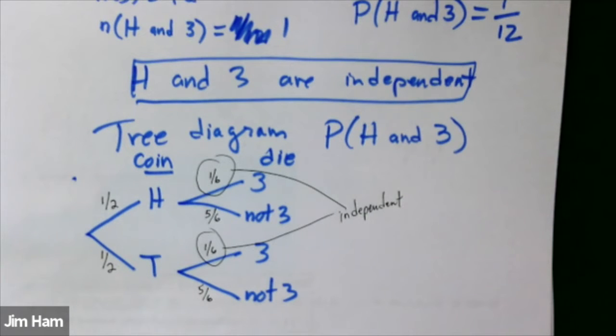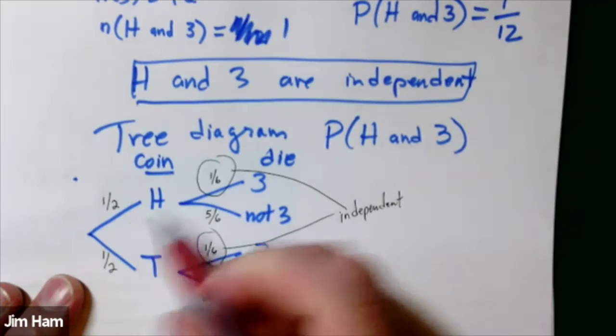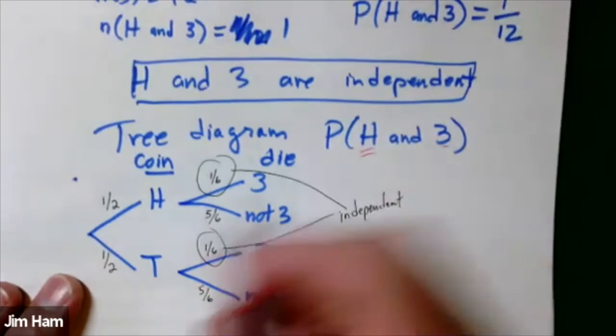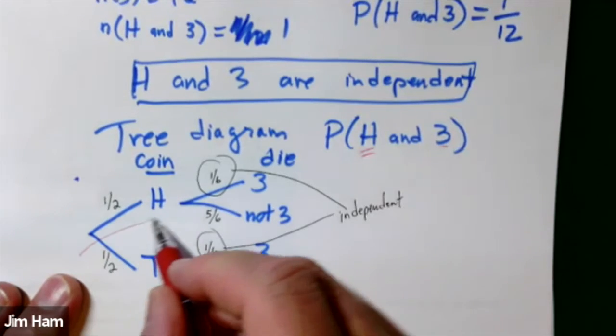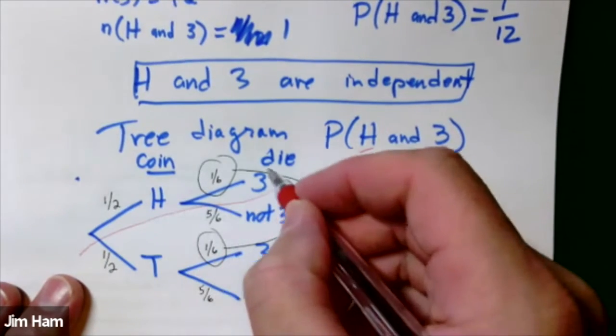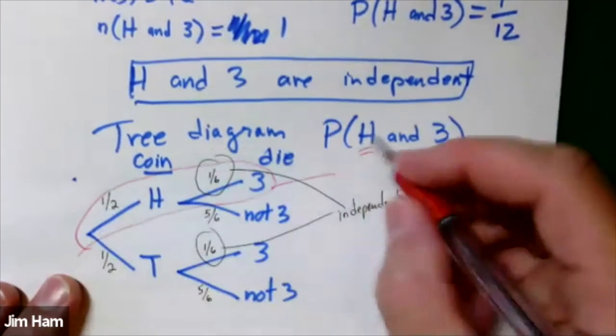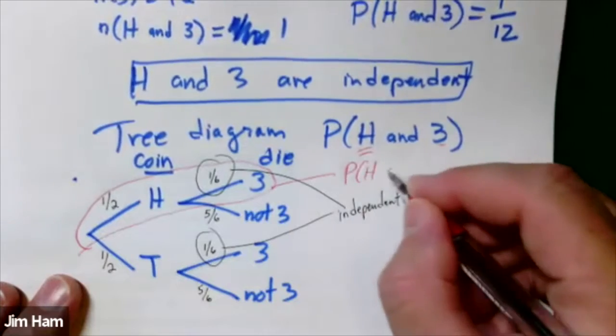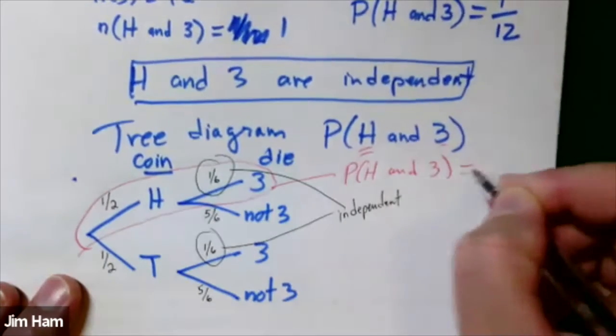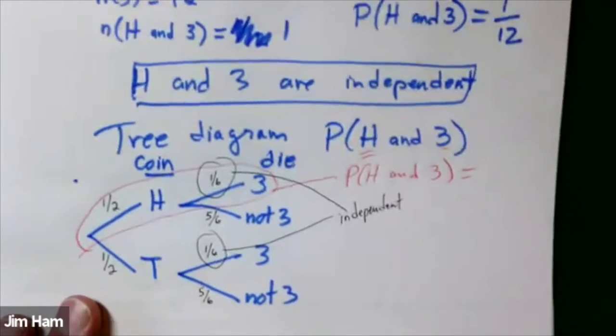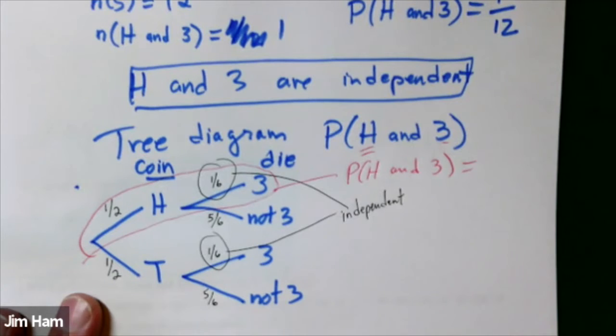Now, if you can create this tree diagram, then here's how you calculate the probability. If you want head and 3, just follow the branching that goes from head and 3. And then for the probability of head and 3, we're just going to multiply the probabilities along that path.